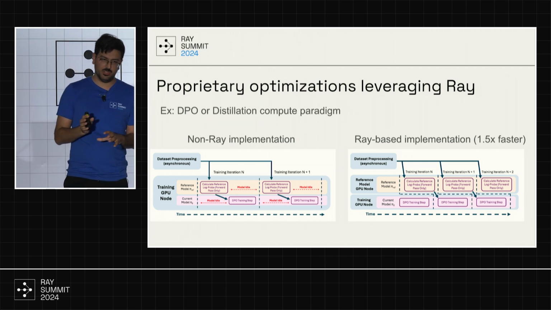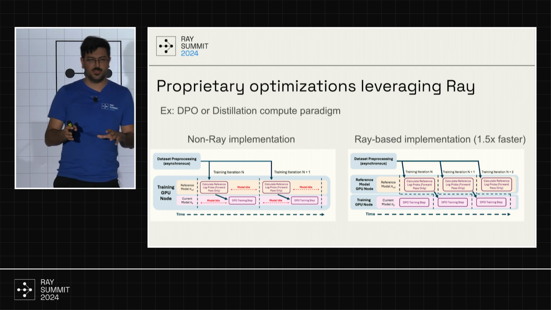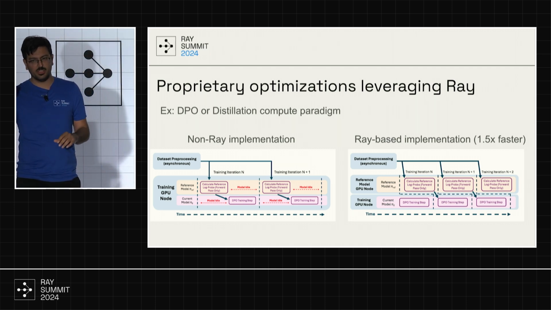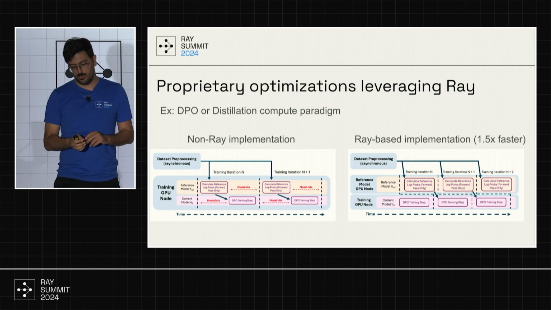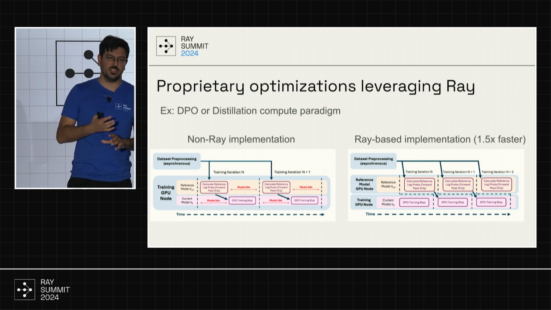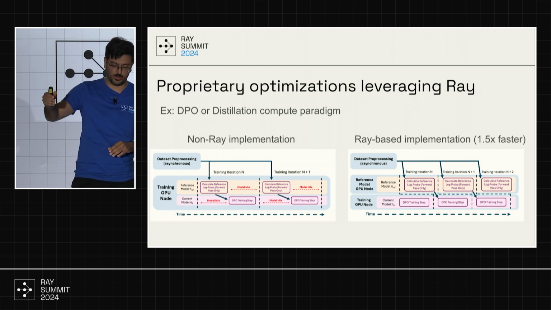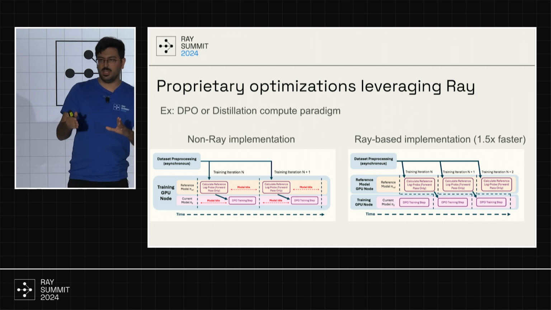There are tons of implementations of this out there, but most of them fall into this non-Ray sort of implementation, where a single GPU machine is time multiplexed between these different compute layers. If you want to do the forward pass for the reference model, that happens in sequence with the training of the target model, for example.